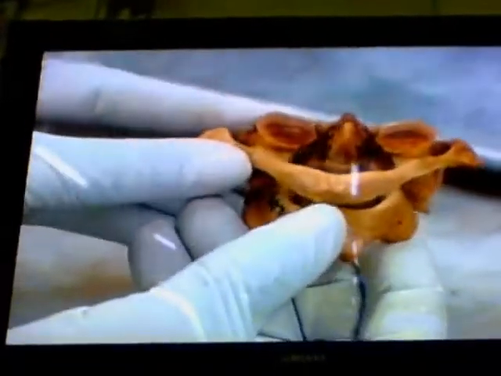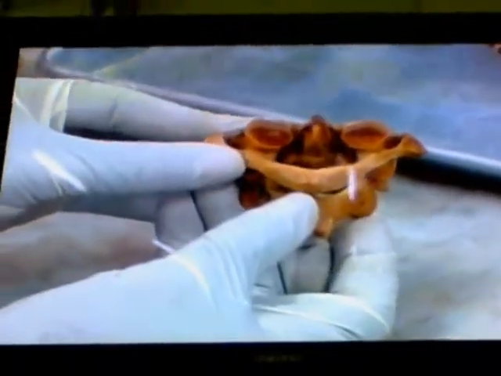When they used to hang people, they would put the person on a platform and tie their neck, and then move the platform quickly. When the platform is moved, there would be movement of this bone, the odontoid peg, which would move posteriorly.